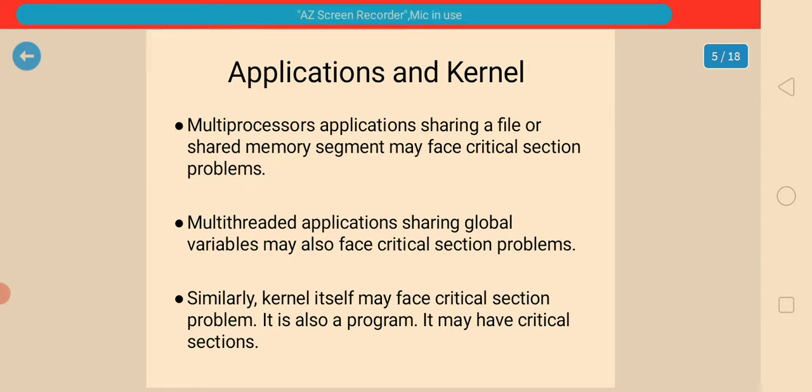Next, application and kernel. First, what is an application? Applications like a browser, word processor, and audio and video players use a separate area of memory called user space.